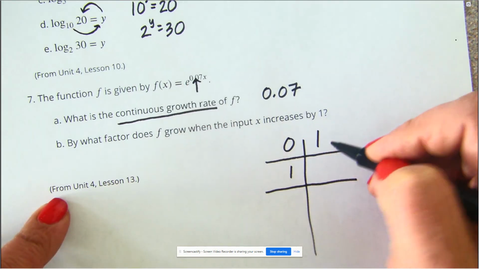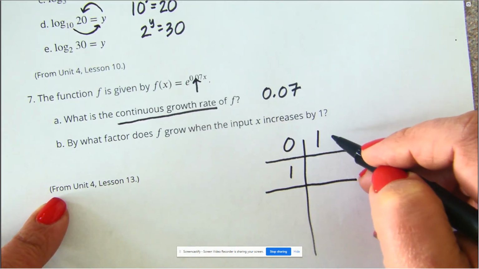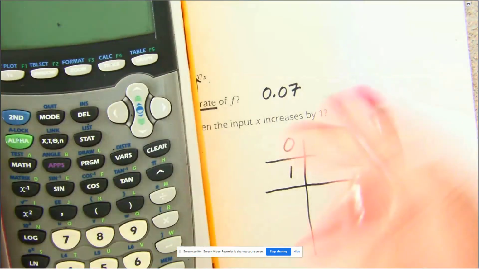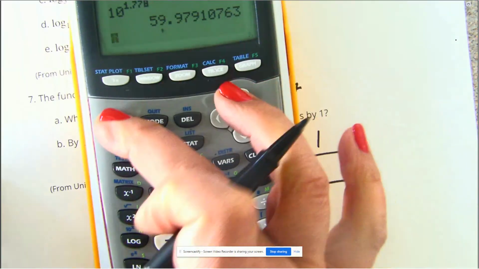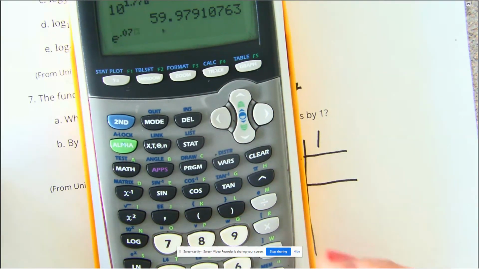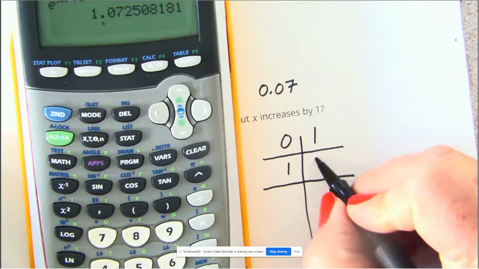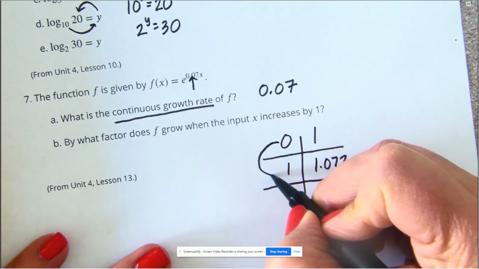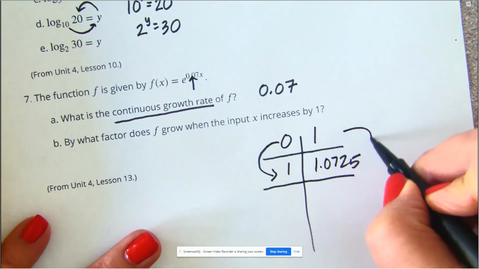I'm just trying to get two values to figure out how much it increases by. Now I'm going to put a 1 in there. I'm going to use my calculator. Second e to the 0.07, hopefully times 1, I get 1.0725.